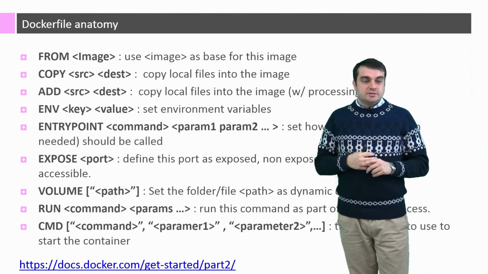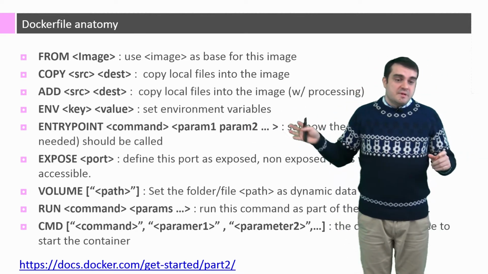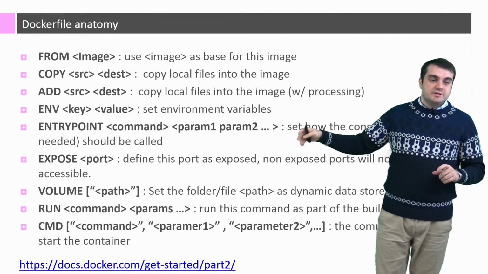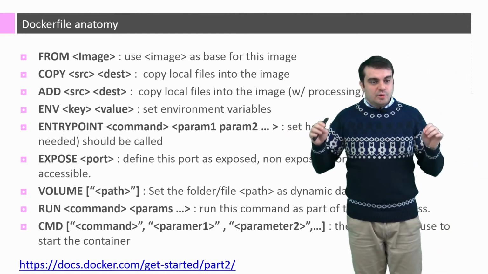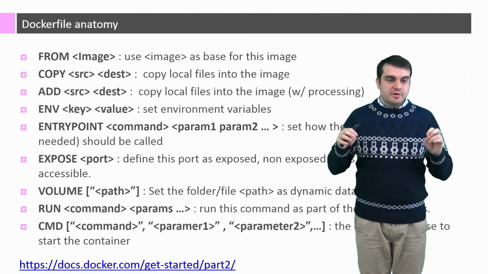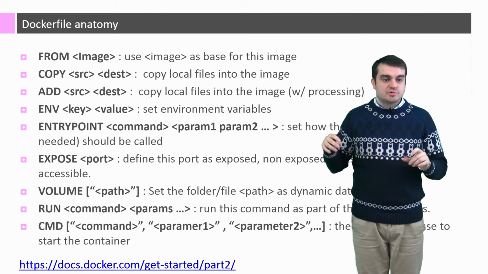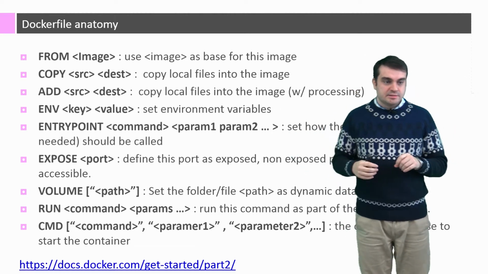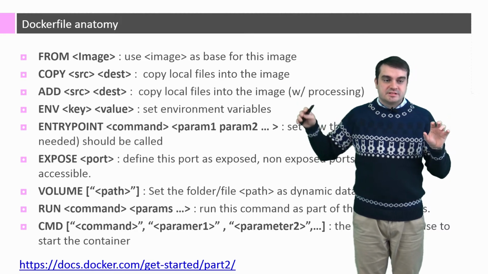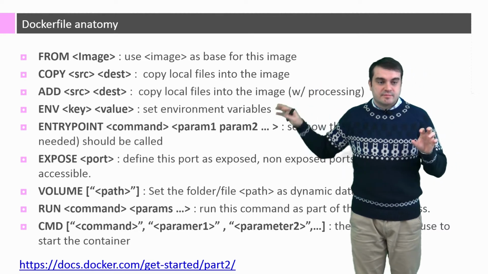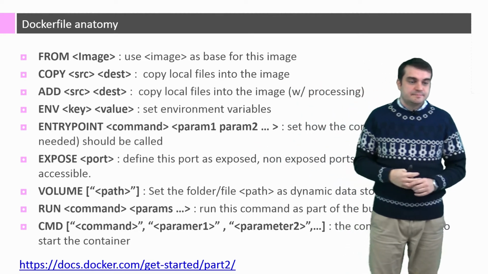Then we might want to specify the entry point. This is configuring the console or the main program that will be used when the image is run, so that when we run, we can add parameters. If this is the case, those parameters will be added to the entry point.